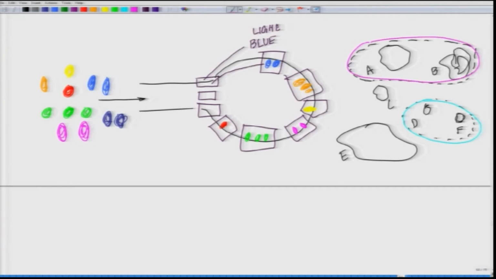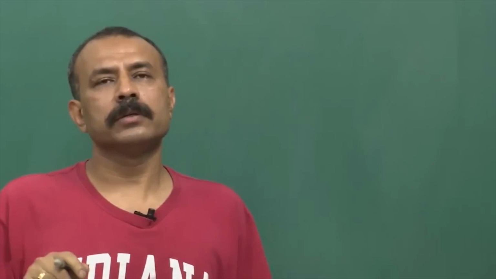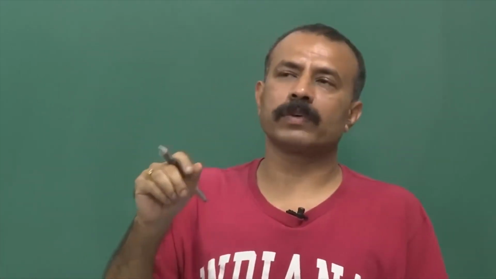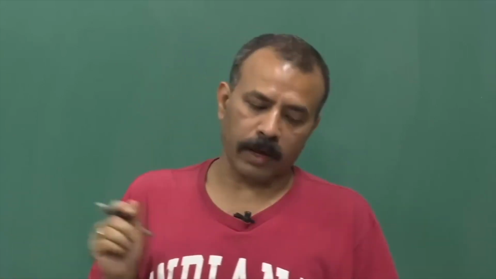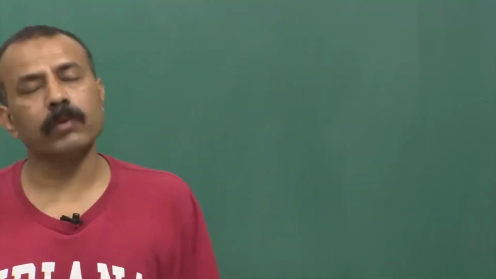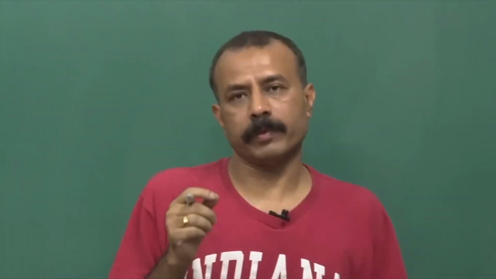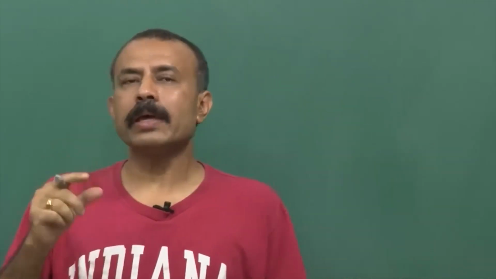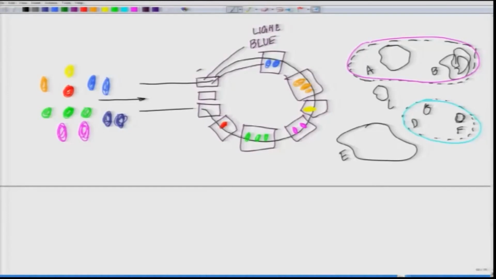One option is that you label them, just like when you are entering the arena to see a match. You have a specific kind of color coded ticket. You may have an orange one, a green one, a blue one, a red one. Based on that code, there are sentries standing here.